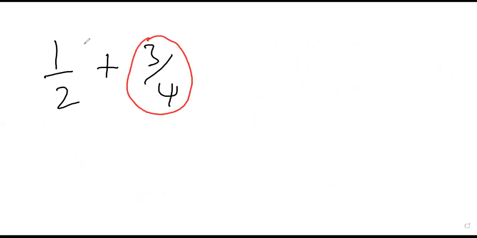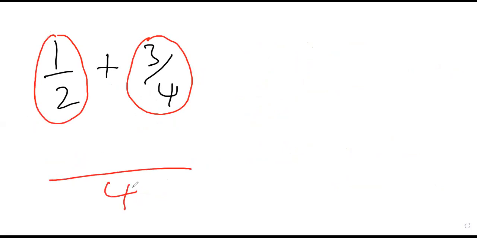So right here, we have 1/2 plus 3/4, right? What do we do in this case? I'm going to use a red pen to solve this. Now we are bringing these together.